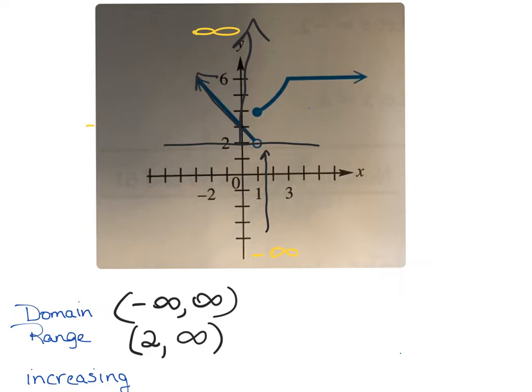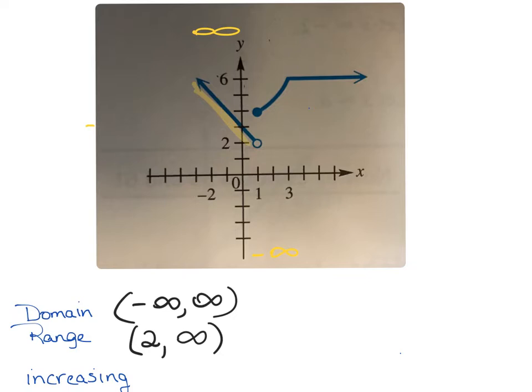Now, for the increasing, decreasing, constant part of our graph, what we need to think of is don't look at the arrows, but sort of think of each segment of this graph as like finding the slope of it. So notice this part right here, it looks like it has a negative slope.